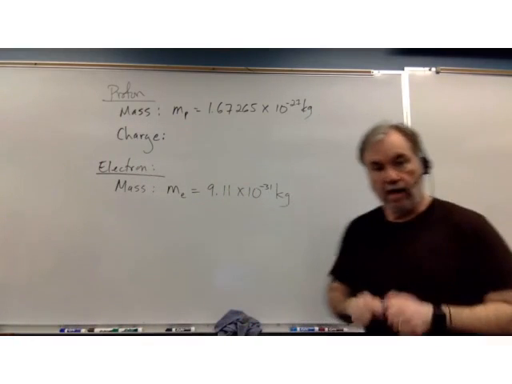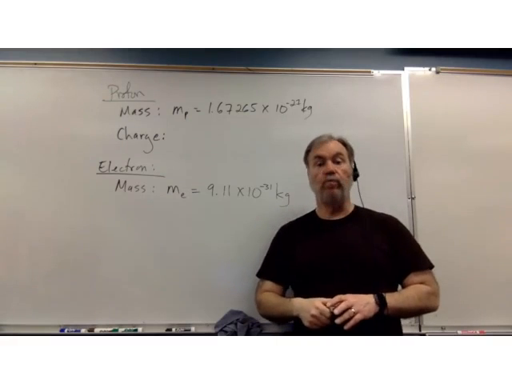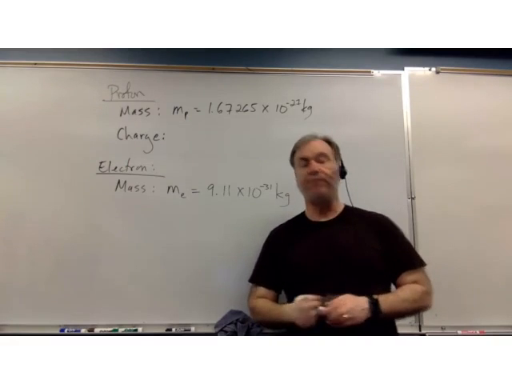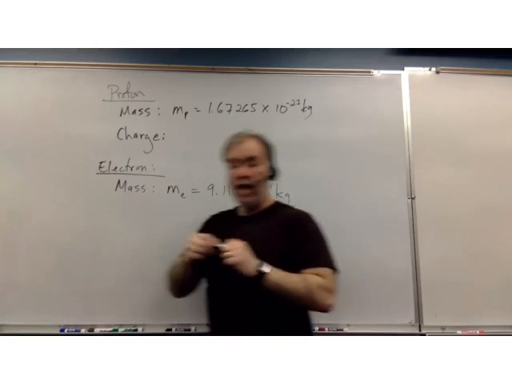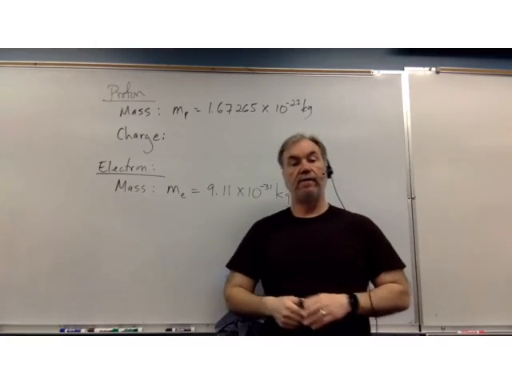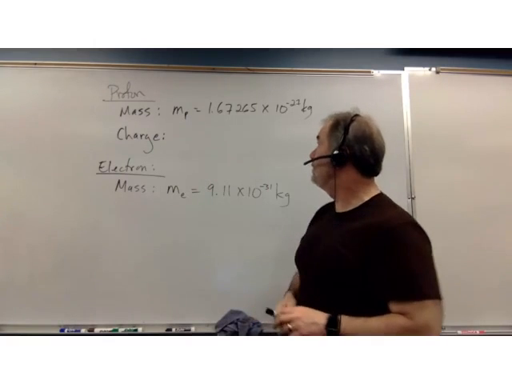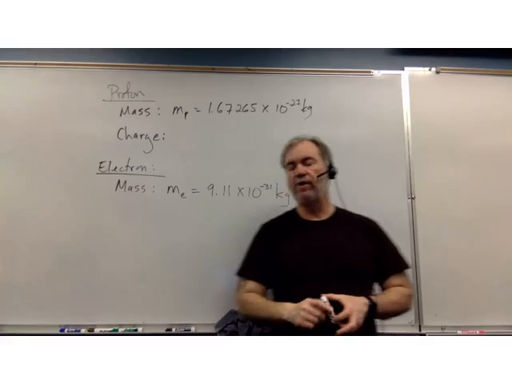We will discuss in days to come how the charge was measured and where this number came from, but for now, I will simply hand you the answer. Mass is a property that an object can have. A proton has a mass of 1.67265 times 10 to the minus 27 kilograms.